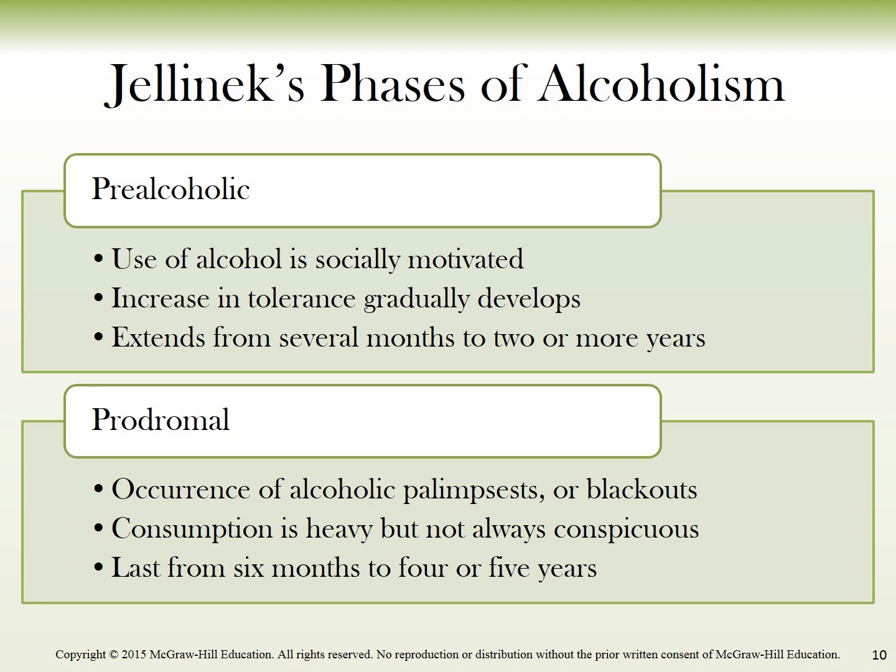Later on, we're going to talk about the fact that blackouts are not universal, and so some of his earlier thinking did not hold to be true. But this was his perception of the phases of alcoholism: when people began to experience blackouts or palimpsest, that meant they had entered into this second, prodromal phase.